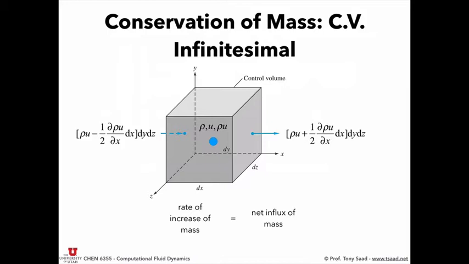So that's going to give you minus delta x over 2 of what? Of d rho u by dx. Now, we need to multiply this by an area, because that's a mass coming in, right? Is this also the base for the finite difference method? Yes, but we're going to derive the governing equations first, and then we're going to apply finite difference.